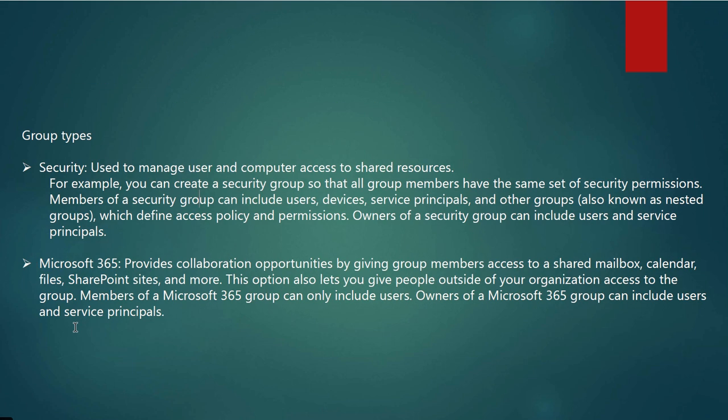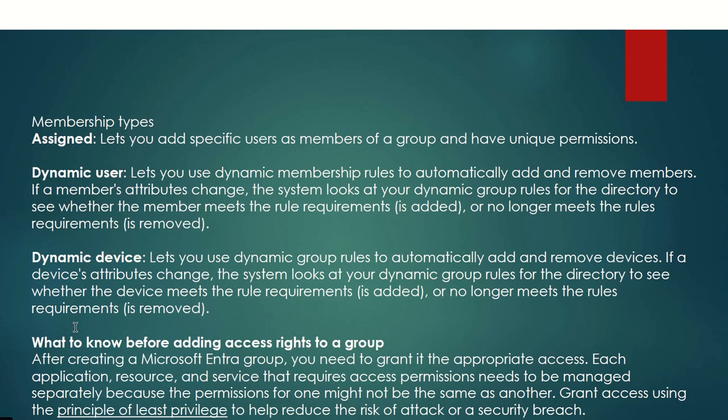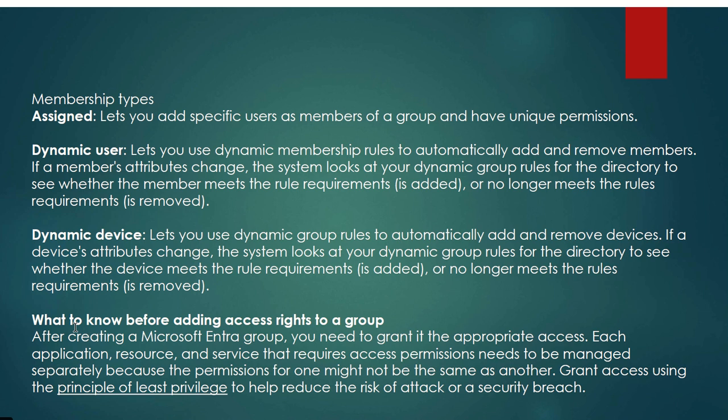Now, once you have created a group, how does the membership work? There are basically three types of memberships which we can follow. Assigned lets you add a specific user as a member of a group and have unique permissions.